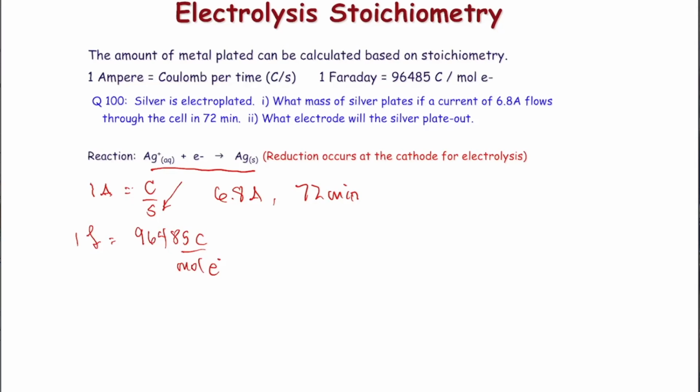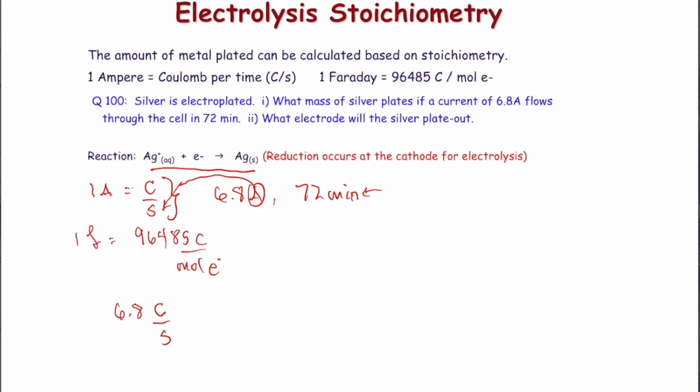So with that, you should be able to solve this problem using dimensional analysis. You could certainly change this to seconds to be consistent with amperes, but you can also work it into your dimensional analysis. Let's start with 6.8 coulombs per second. Remember that an ampere is a coulomb per second.